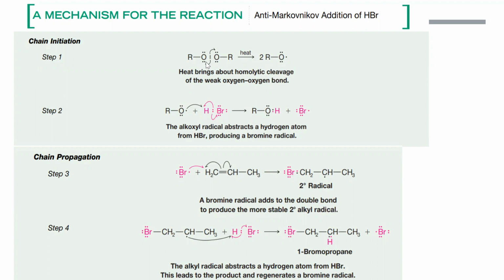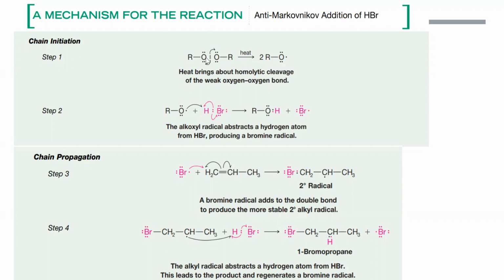Of course, in halogenation reactions, you can have the halogens being initiated in the presence of light, and UV can break those bonds, a ClCl for instance, or BrBr, to form halogen radicals.